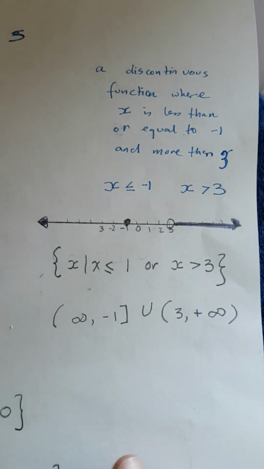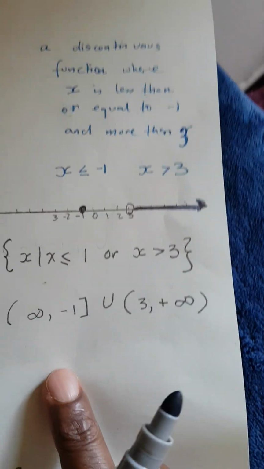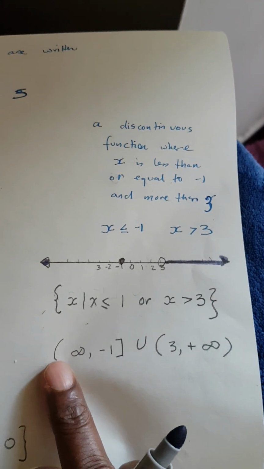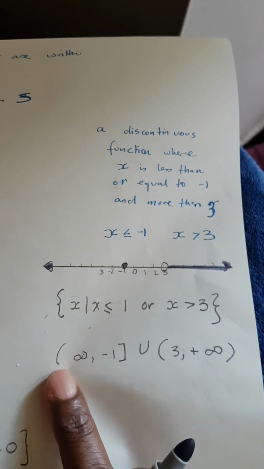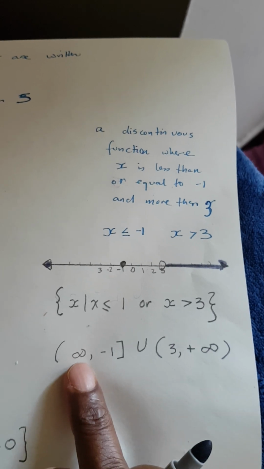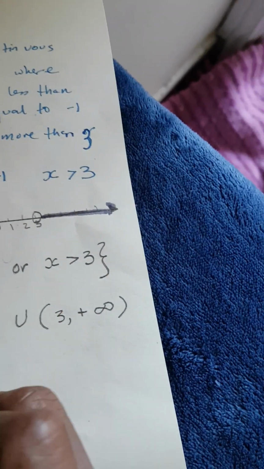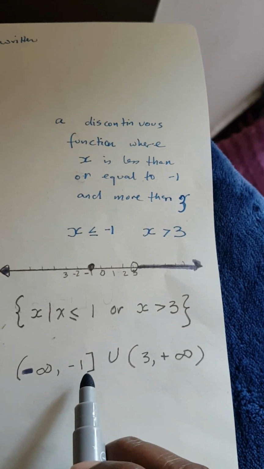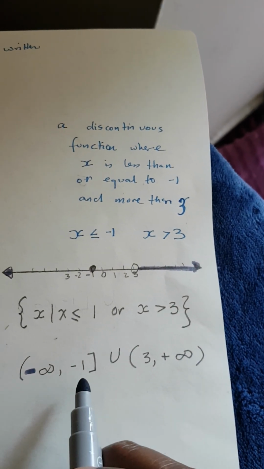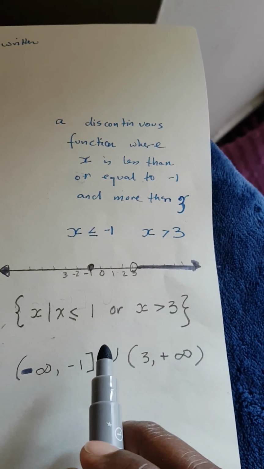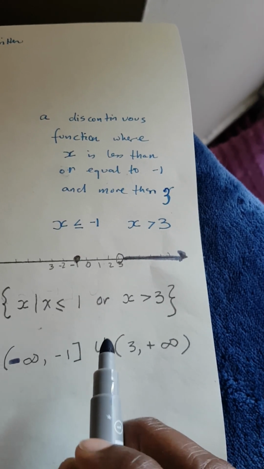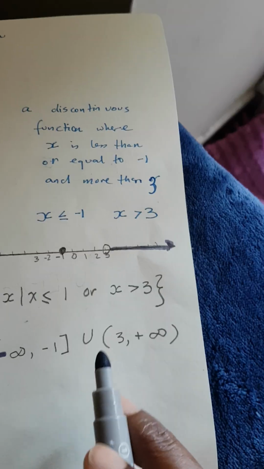And if you wanted to use interval notation, you would use a semicircle, sort of like a curled bracket. I should have minus here. This is minus infinity to minus 1. And this U stands for union.